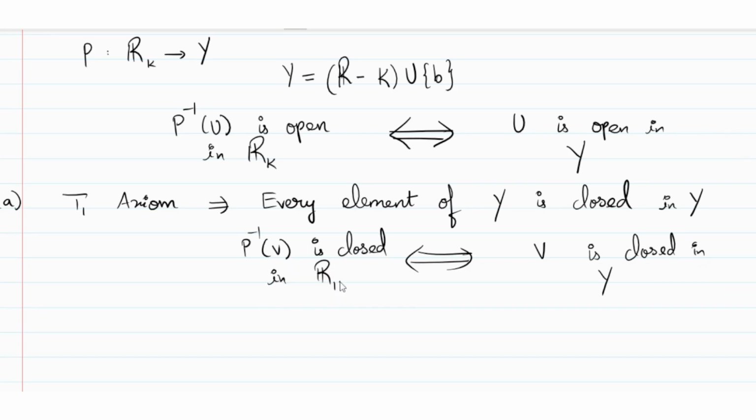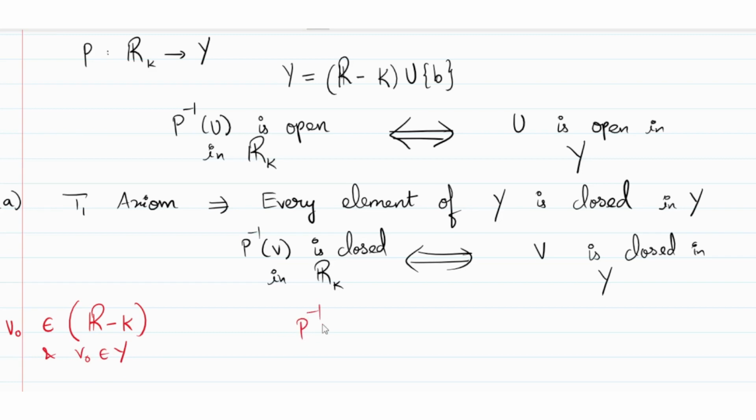So suppose I take any random point other than the point b, a random point from R minus K. Let's say that is v naught, which is an element of Y basically.